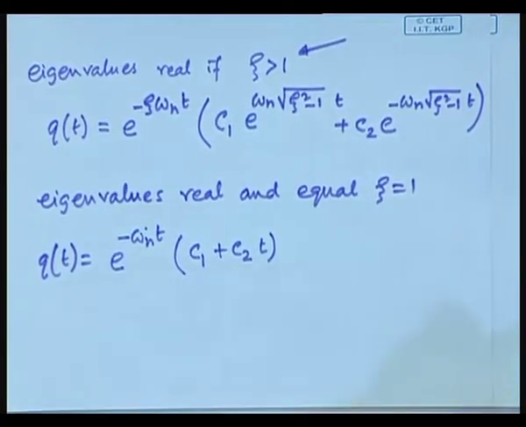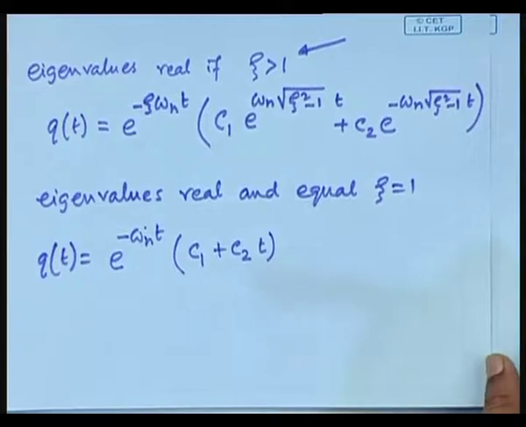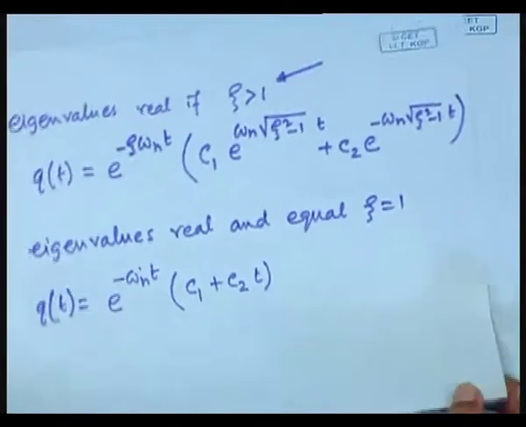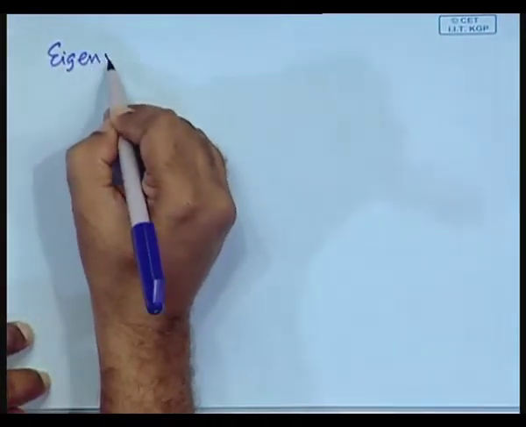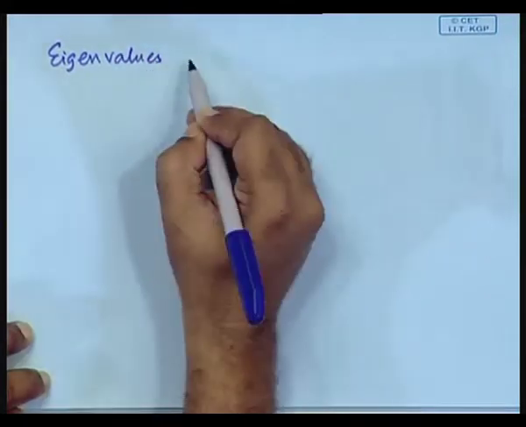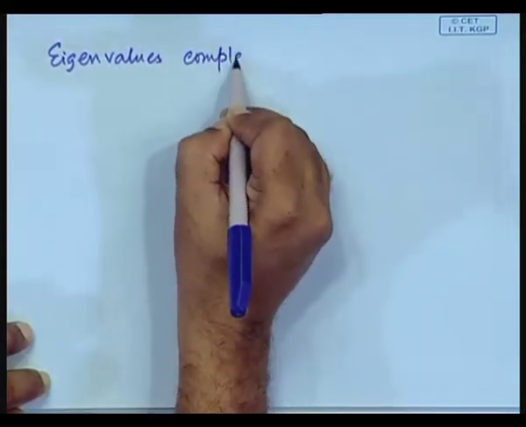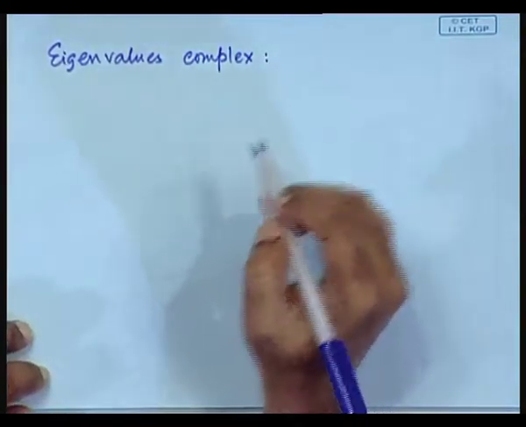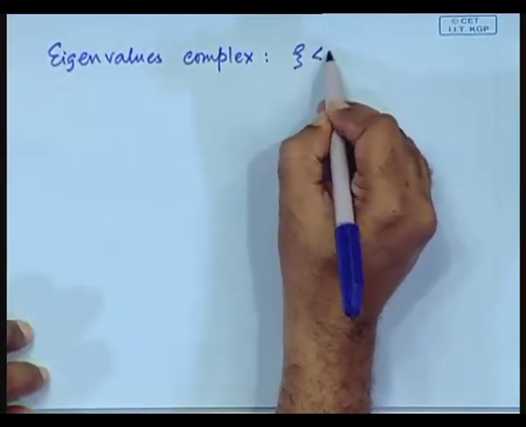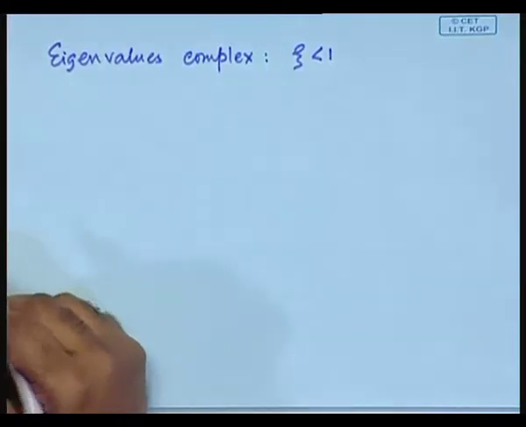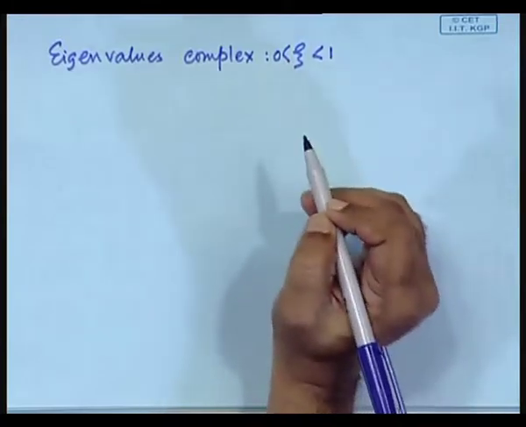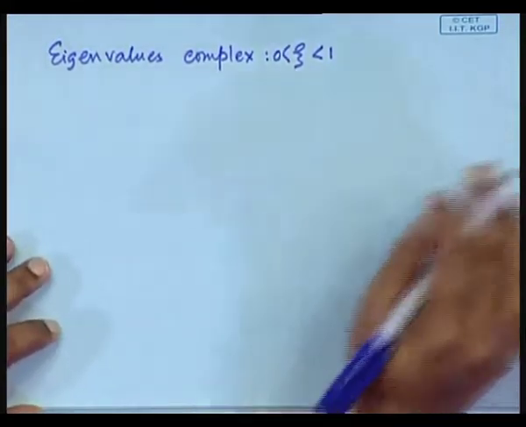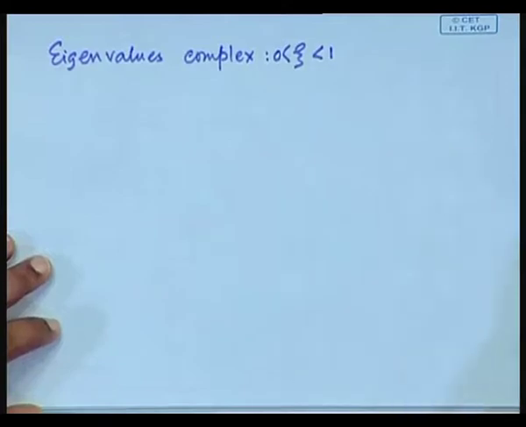Now, let us come to the third case, where the eigenvalues are complex conjugate. When does that happen? That happens when zeta is less than 1, fine. Then what are the eigenvalues and what will be the solution?